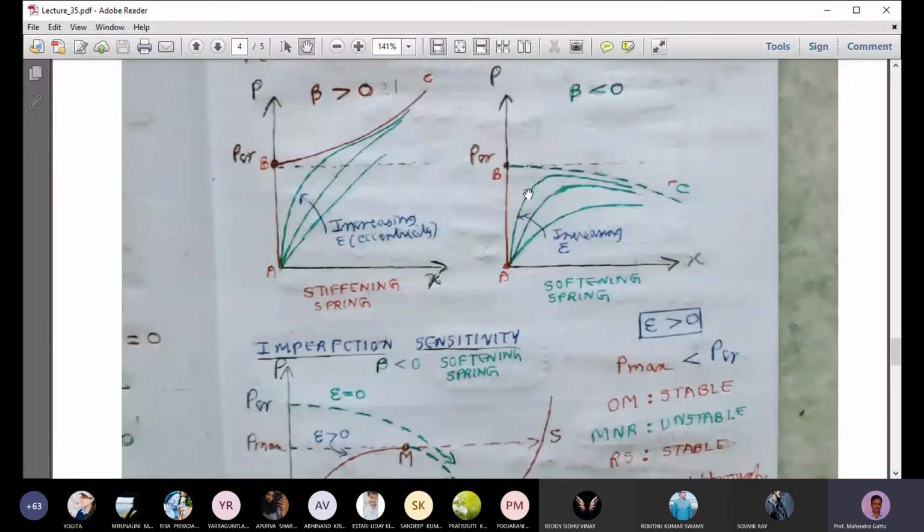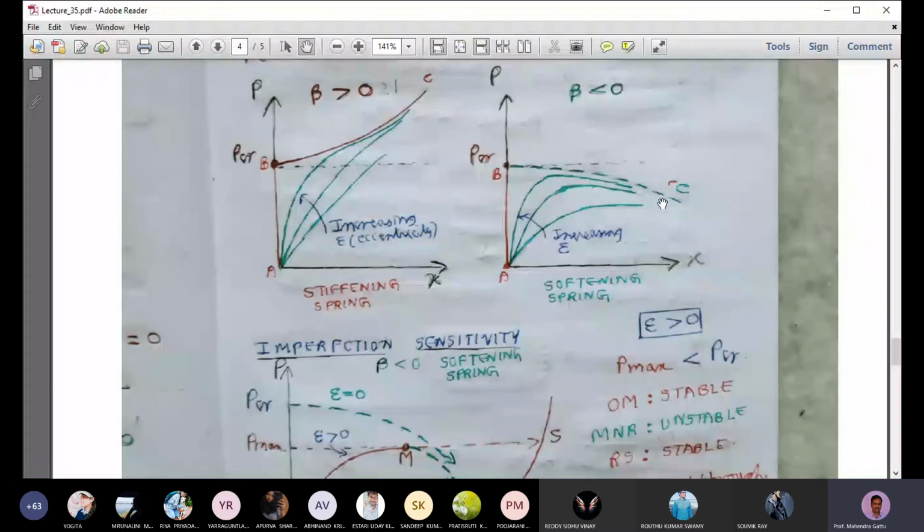The peak load, the maximum load, will be reached, and then the column will move asymptotically with respect to this mathematical BC line. Similarly for the other eccentricities: say this is eccentricity 0.01, this is 0.1, maybe this is eccentricity 1. Once the curve hits this line BC, it will move asymptotically.